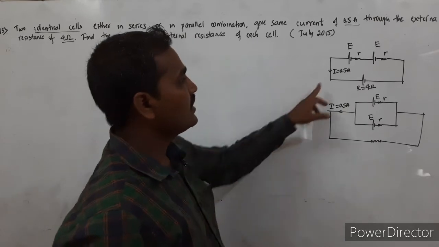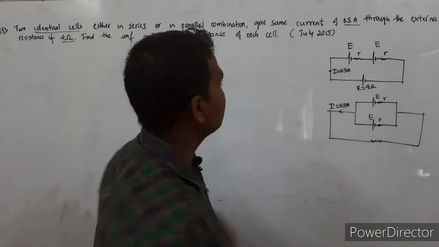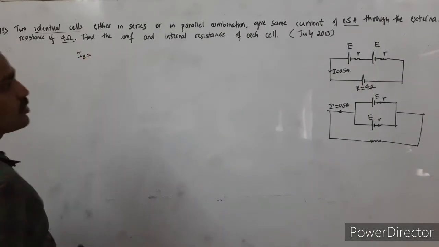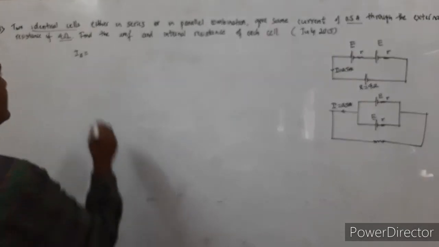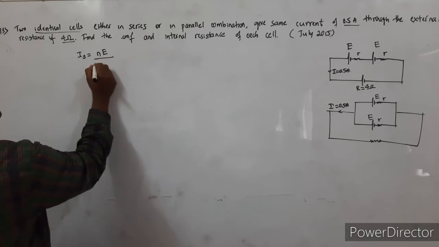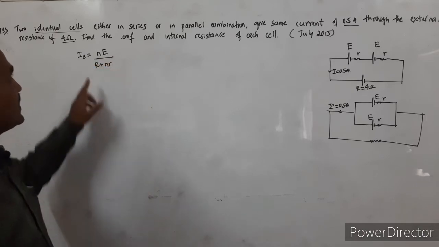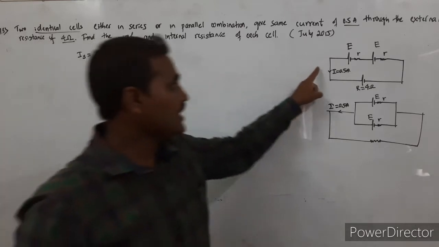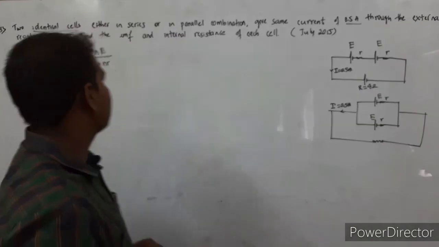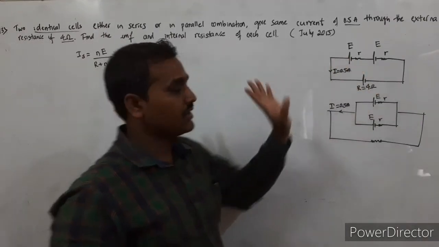When n identical cells are connected in series, we have the relation: the current flowing through the circuit, I_s, is equal to nE divided by capital R plus n into small r. This is the relation for electric current when I have n identical cells connected in series. Here n is equal to 2.